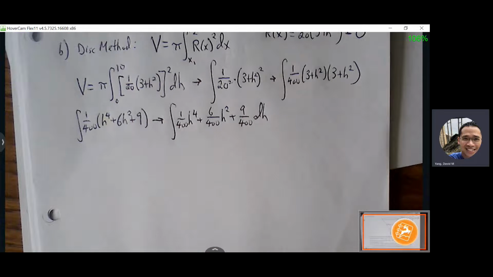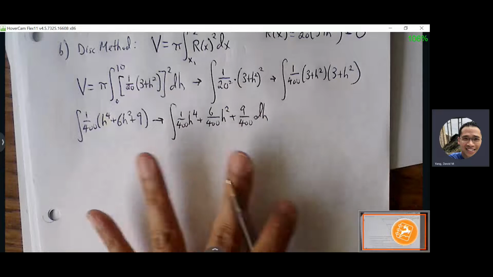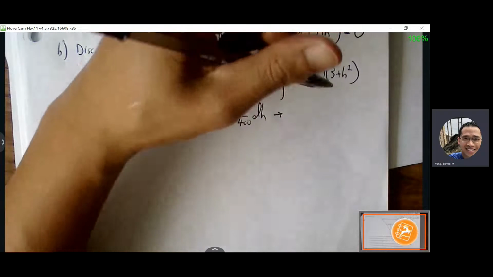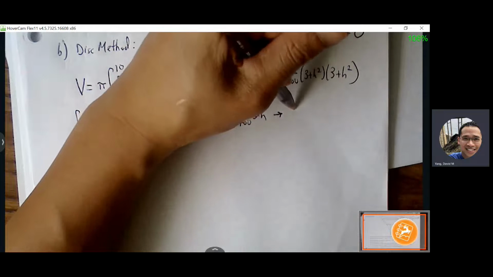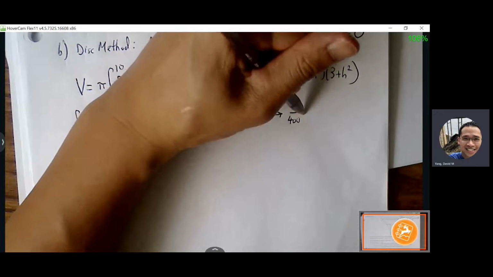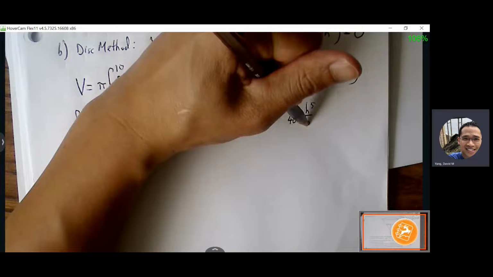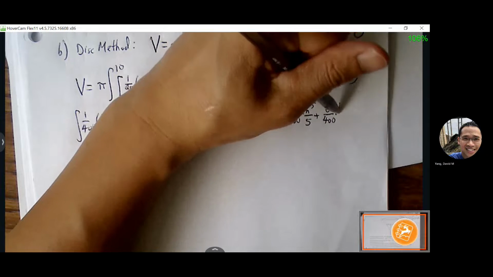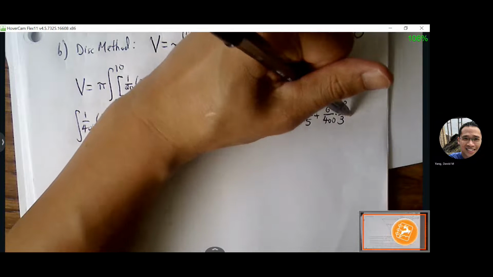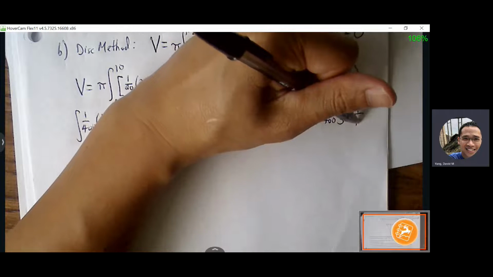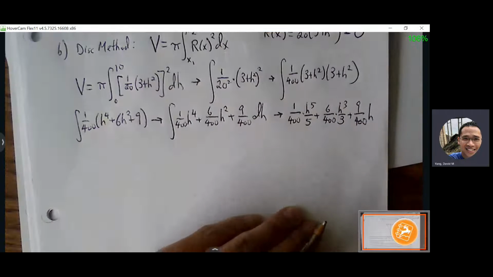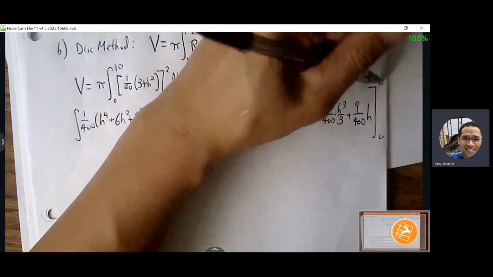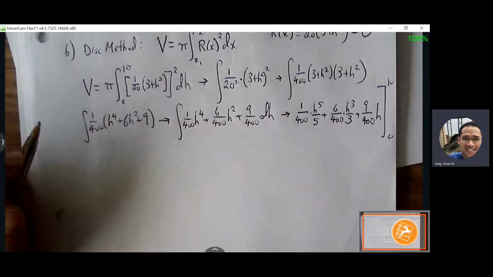Now, we have to take advantage of the fact that they don't ask us to simplify anything. So let's just leave it as messy as possible, and we should still be okay. So it's power rule, h to the 5th over 5. Keep the coefficient. And then the constant will go to linear. Okay, so this one big mess, we just have to evaluate between 0 and 10 and leave our answer in that one big mess.